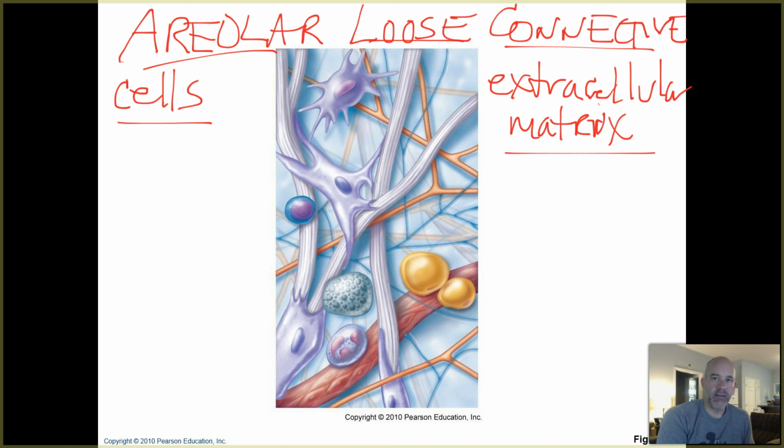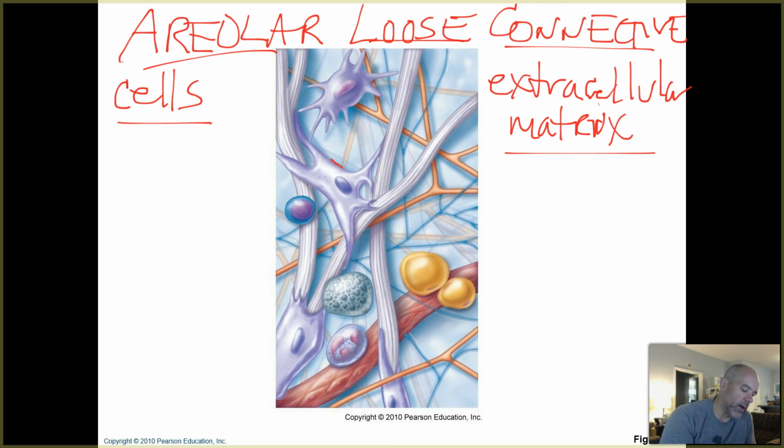Then you've got lots and lots of solutes, dissolved substances in there. And within the extracellular matrix, you also have different types of protein fibers in there that help give these connective tissues many of their special properties. So let's take a look at the cells first that are within the tissue.